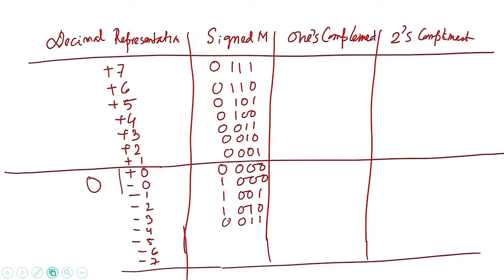Then sorry, this will be 1, and so on. Okay. So, that is the sign magnitude number. But the problem with this representation, as you see, is that 0 is getting represented in two different combinations.